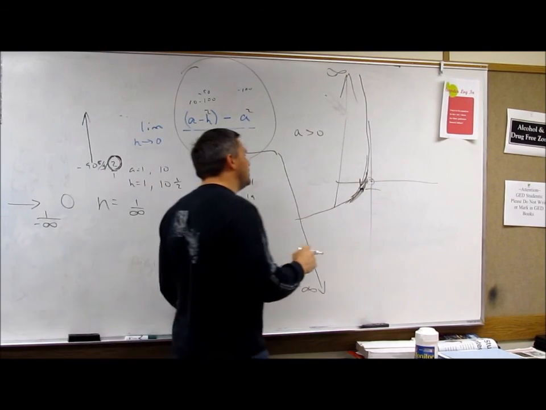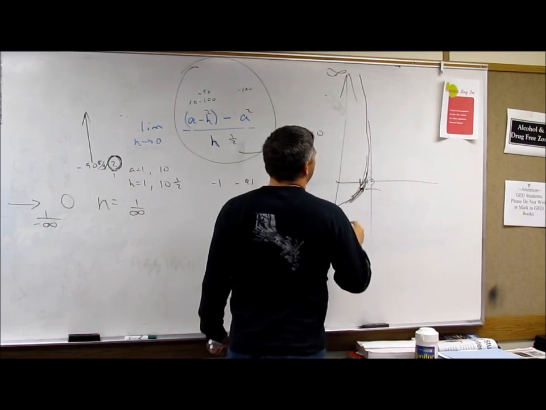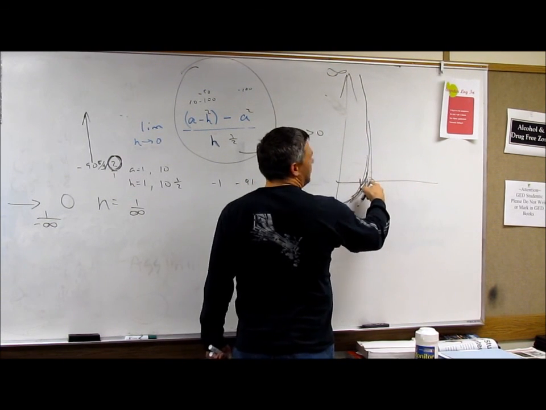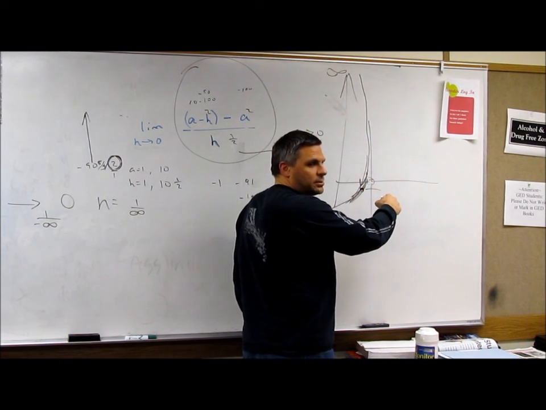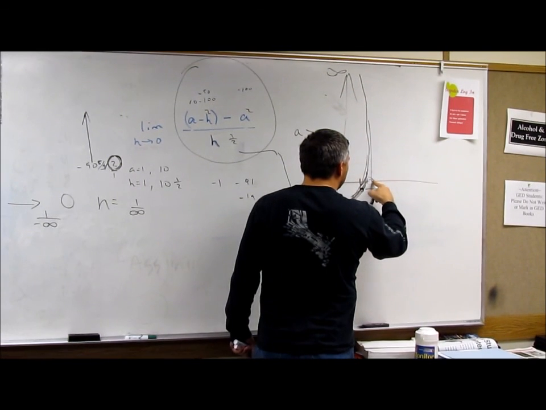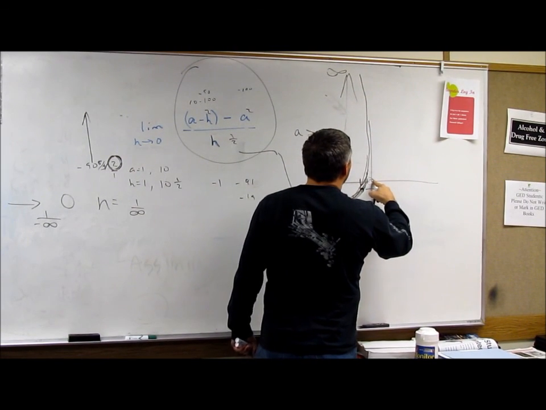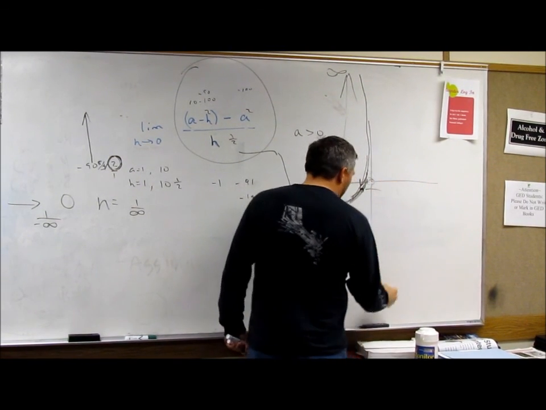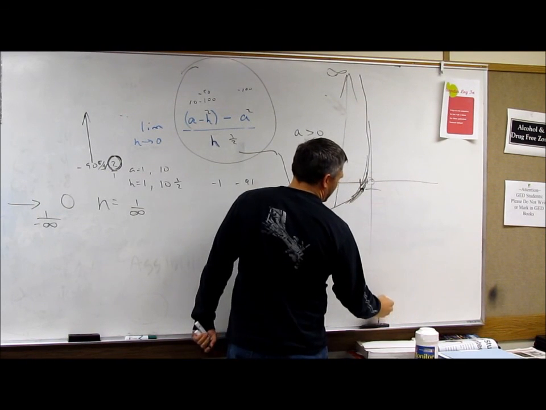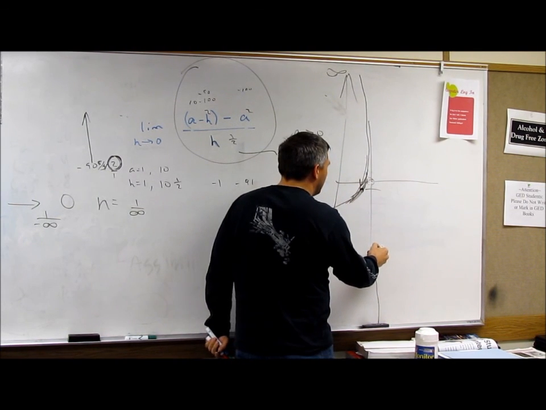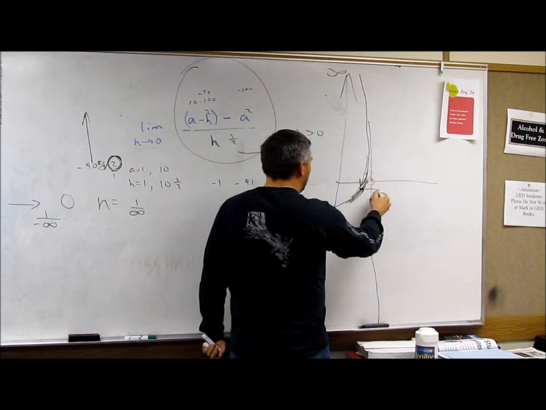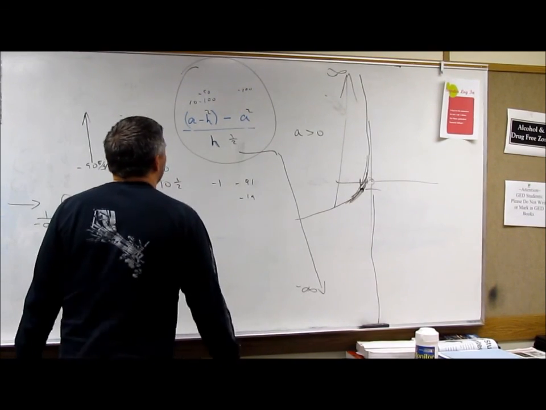But as soon as we hit 0, though, as soon as we're on this side, right? Then all of a sudden now we come straight from down here at negative infinity. And what happens?